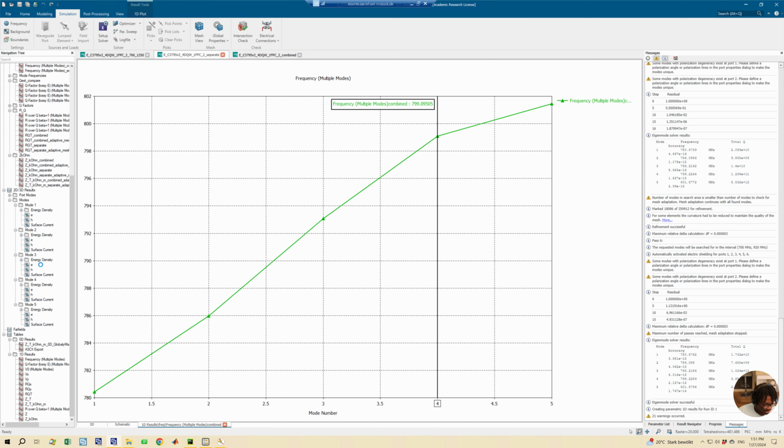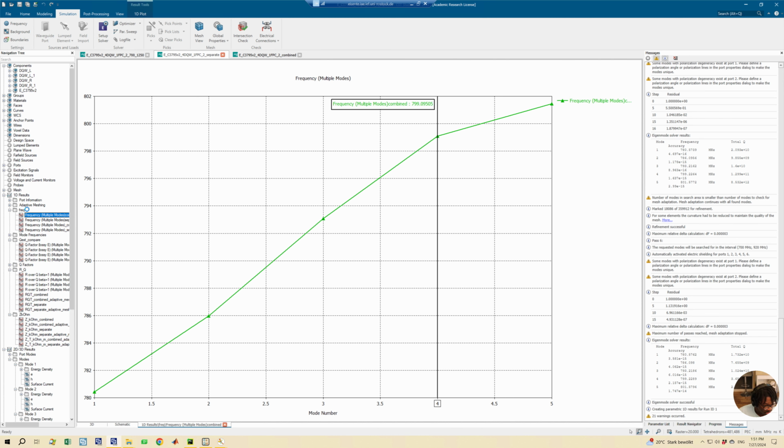So even with refinement with 6 passes, what did we start with? I don't think the original mesh size was up to 100,000. I could check that with the adaptive mesh.